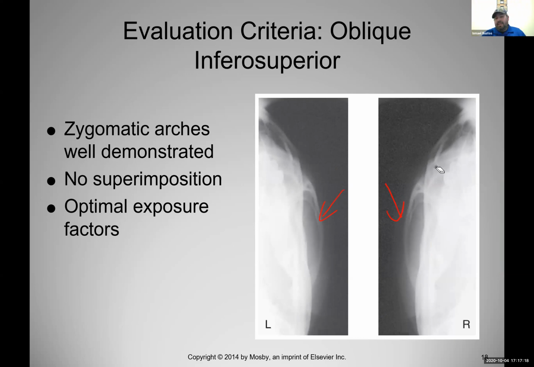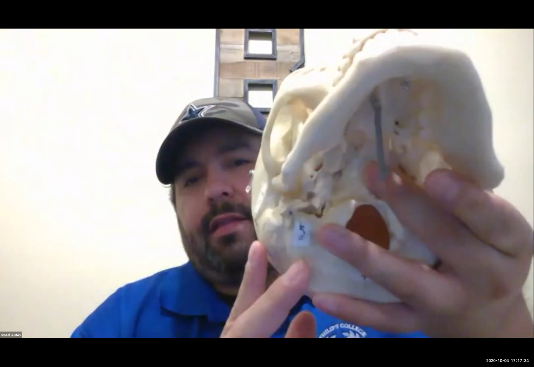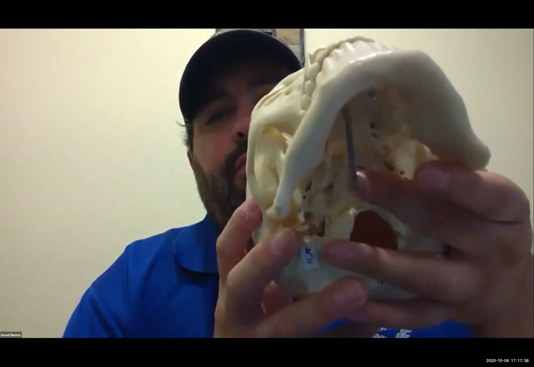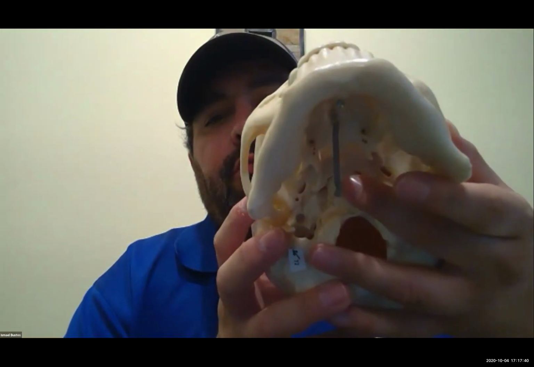Now, it could be either one, right? Let me show you. If it's too far, it's going to be superimposed over one structure, and if not tilted enough, it's going to be superimposed over another. So let's stop this. Okay. So let's look at it. Again, 15-degree head rotation, 15-degree tilt, okay?